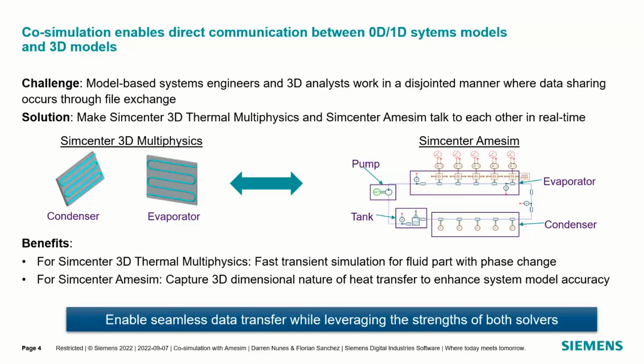And then we have the accumulator tank that models the transient solution that you would have, with the phase change co-simulated with what you have on a 3D standpoint. So really it takes the strength of both solvers: the fast use of what a system simulation product would give you, but also what SimCenter 3D would offer from a multi-physics standpoint.